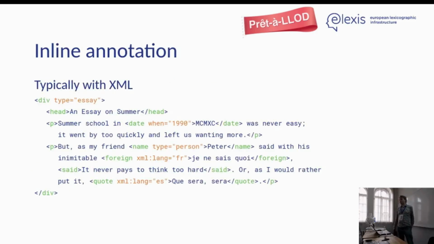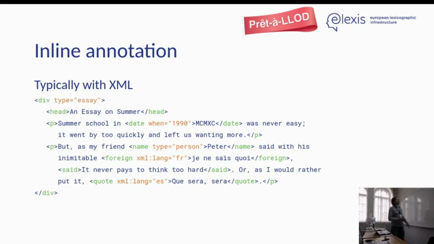So what you might have seen so far is sort of inline annotation. Inline annotation is very typical with XML, and many of you have probably worked with something like TEI. Is that familiar to some people here, TEI? A couple of hands. So TEI is one of the most widely used methods or models in digital humanities.